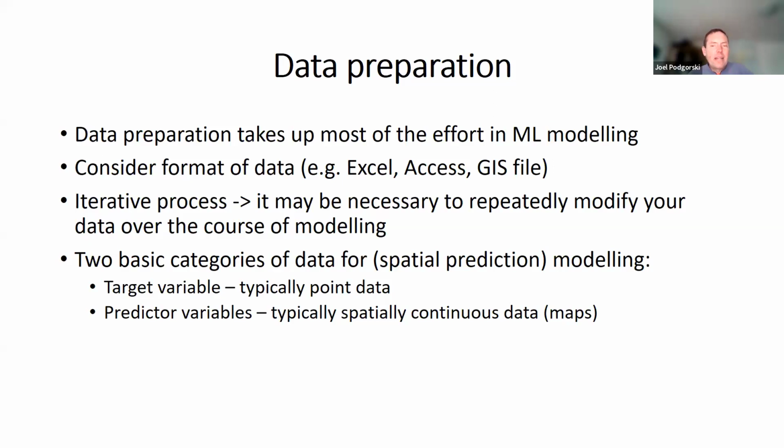It may be necessary to repeatedly modify your data over the course of modeling, and that just comes from seeing, okay, maybe the model isn't performing as well as we would like it to. What are we missing? For example, that will then motivate you to go back and look at this a little bit more closely. Maybe you make some kind of derivative of something you already have. So for example, you could look at distance to rivers.